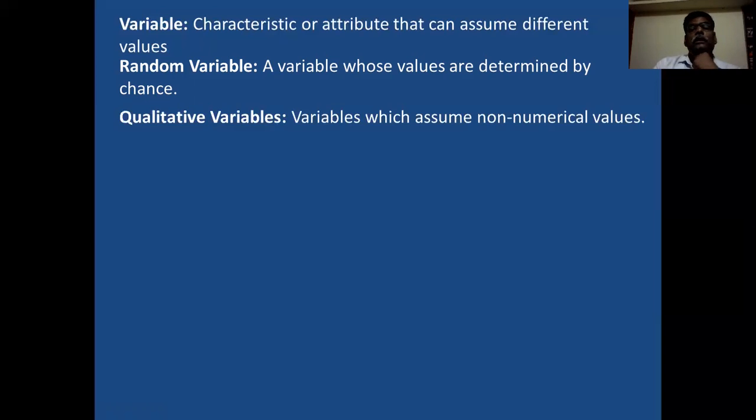Then next, under the variable, another type of variable is there, that is the qualitative variable. A qualitative variable assumes non-numerical values. A variable which is not possible to express in numerical terms is called a qualitative variable.